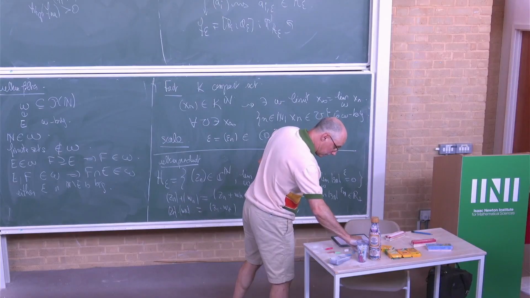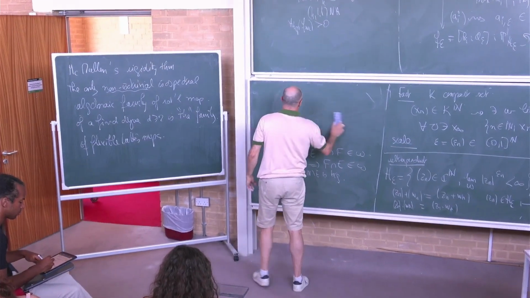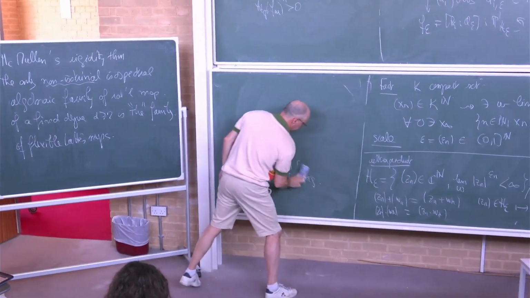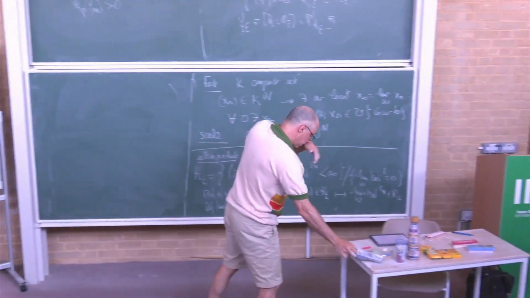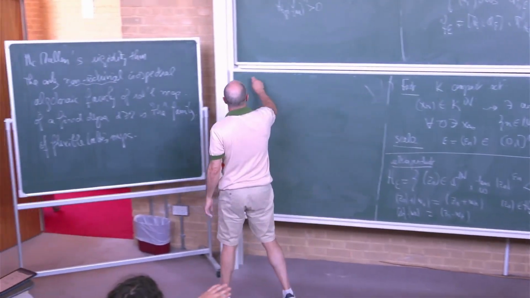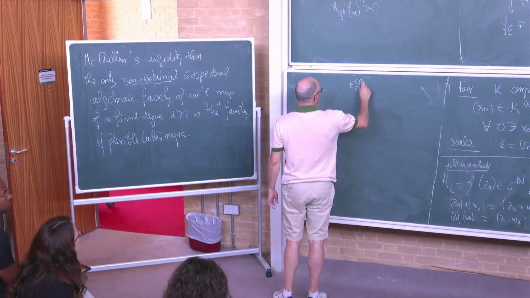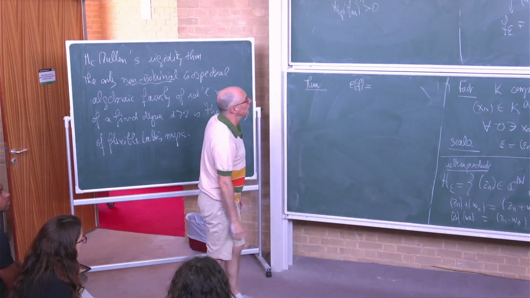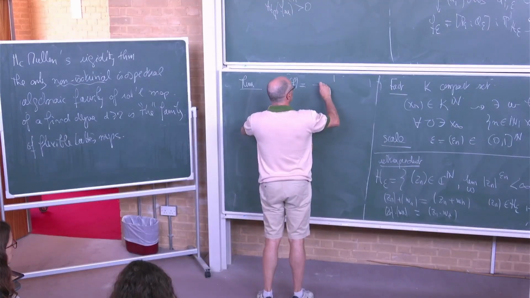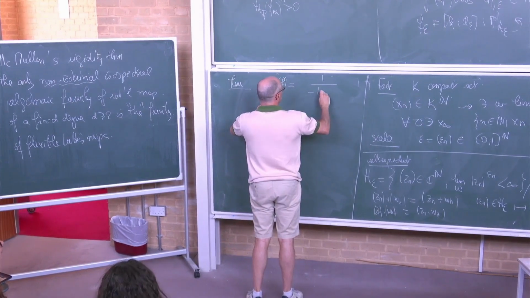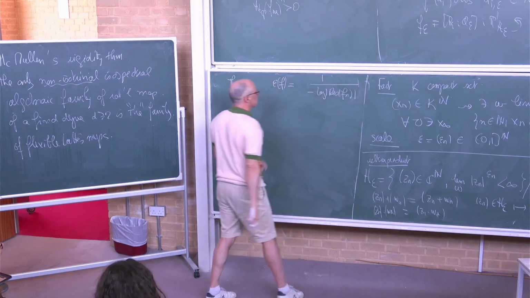Okay, so this is the last statement. Now I have to explain a little bit what's happening. You have a lot of possibilities for the scales, but the theorem is as follows. You have some kind of critical scale. I don't have time to discuss this in detail. It's 1 over minus log of the resultant of F_n.